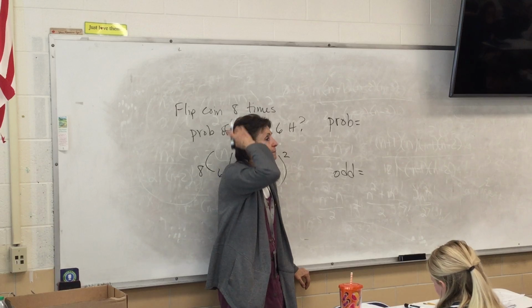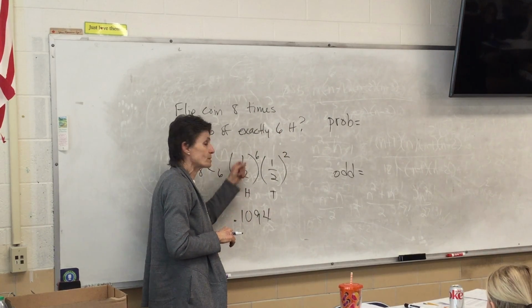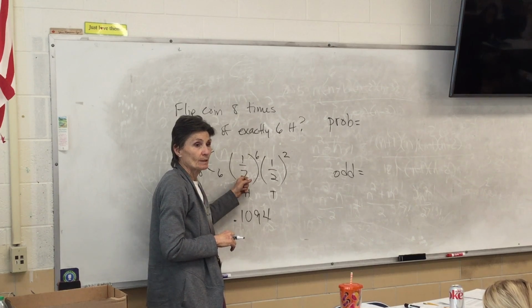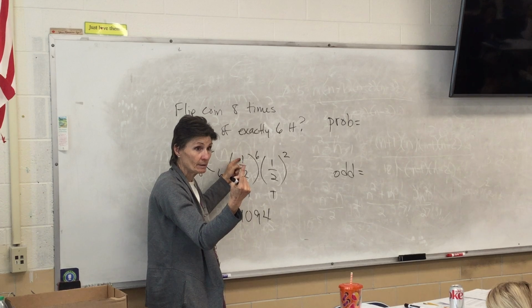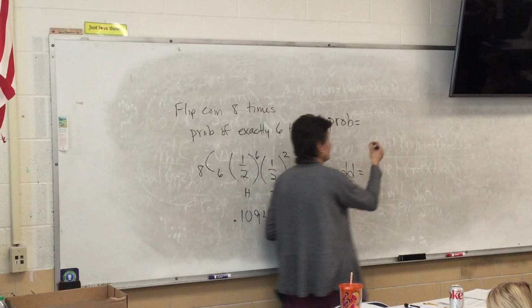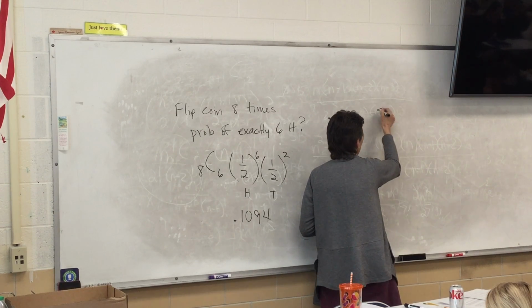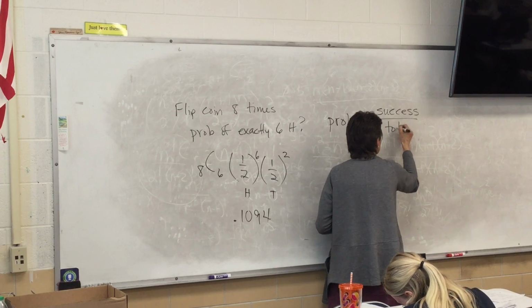What do we mean by probability? When you told me the probability of heads was 1/2, where did those numbers come from? Well, there's 1 head on the coin, and there are 2 total faces. So probability is, we call it success over total.